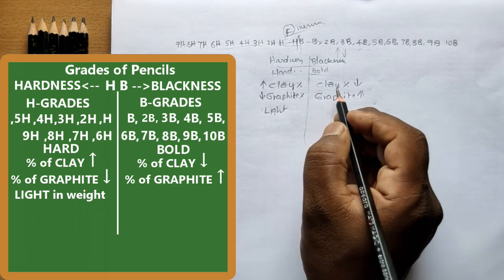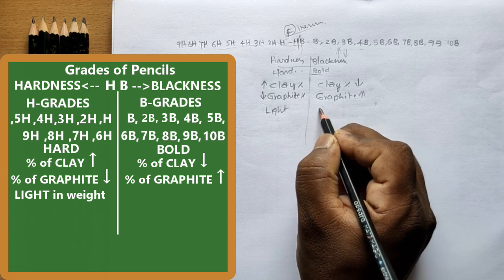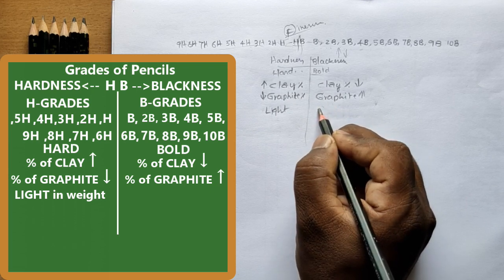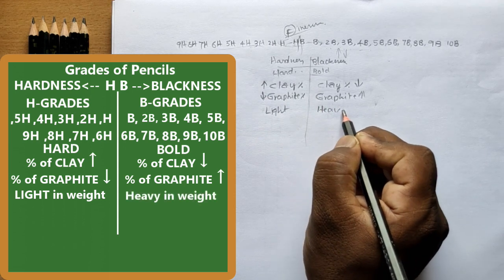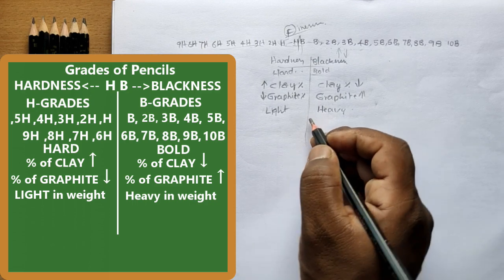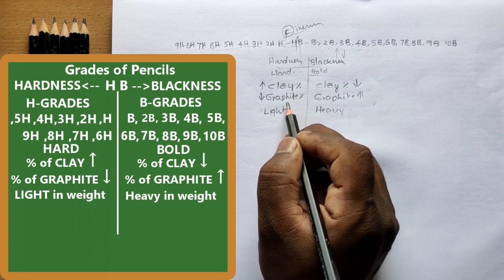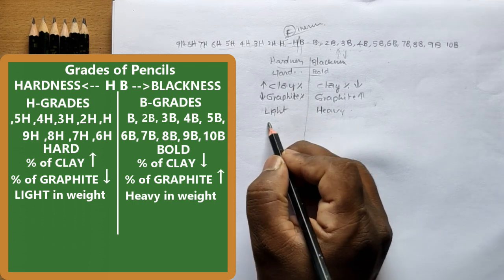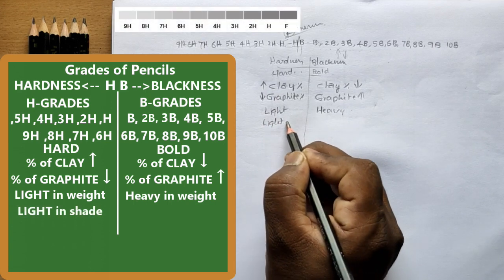As well, when the clay percentage decreases and the graphite percentage increases, the pencil becomes heavier. These are heavy and these are light in weight. Let us see one more difference. When the clay percentage is increasing and the graphite percentage is decreasing, these pencils become light in shade. These are very light in shade.